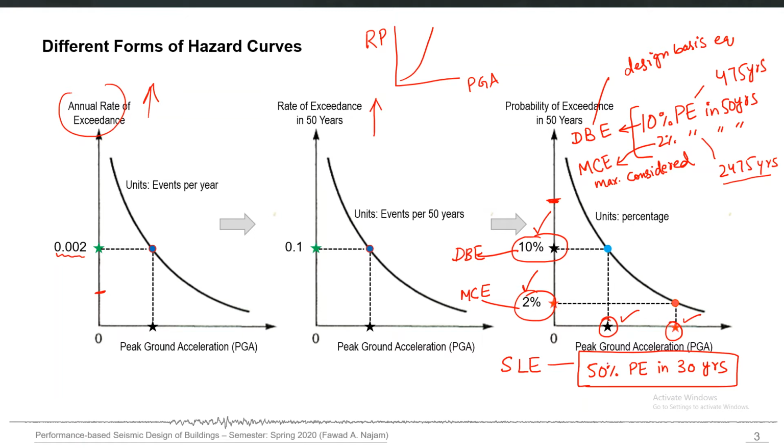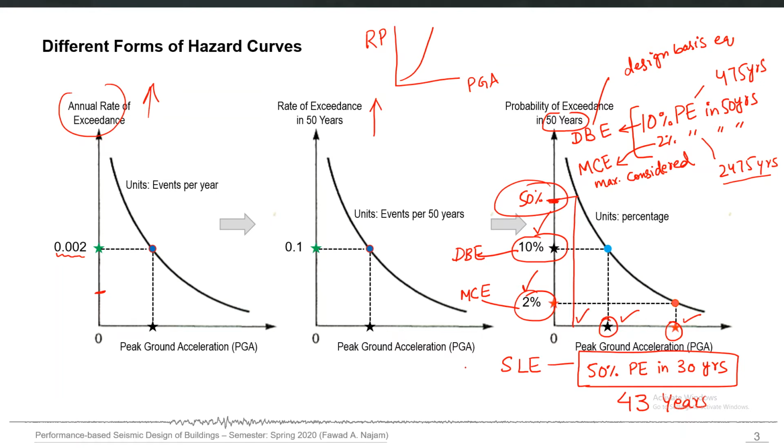Obviously, it will not be 50% here, because this hazard curve is for 50 years already. But you know that you can convert it into an equivalent probability of exceedance in 50 years, corresponding to the same return period of 43 years, and you will see that it will lie somewhere on top, and it will have an even lower PGA compared to the DBE level.